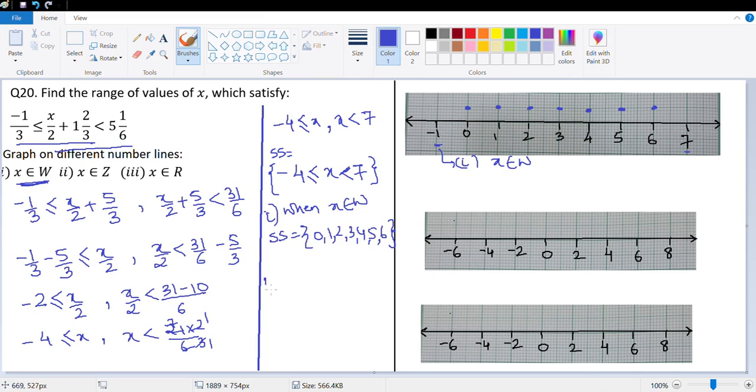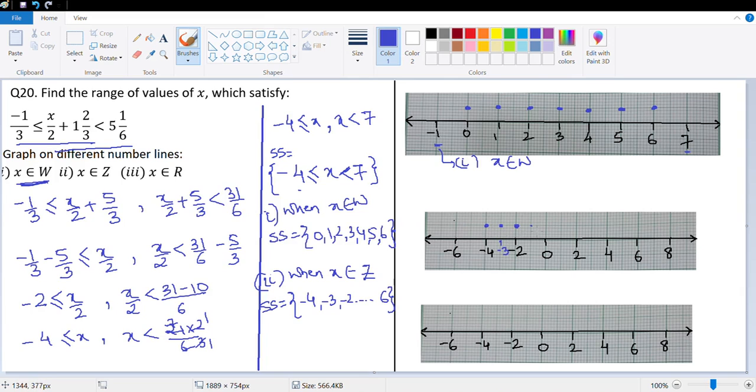In case of the second part, which is when x belongs to integers, which means negative 4 is also a solution or is a part of the solution. So negative 4, negative 3, negative 2, it will go on up to 6. Again, 7 is still not a part of the solution. I'll mark negative 3 here.